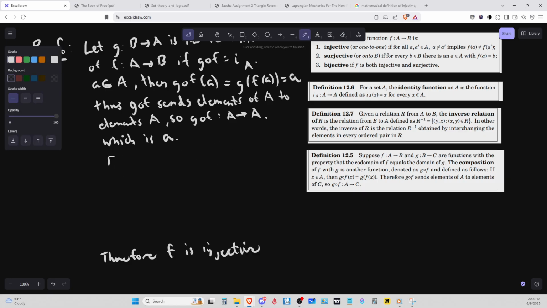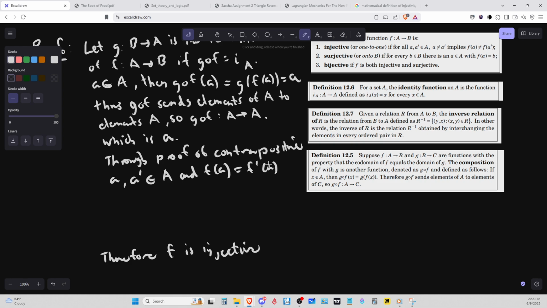So through proof of contrapositive, A prime is an element of A, and F of A is equal to A prime.